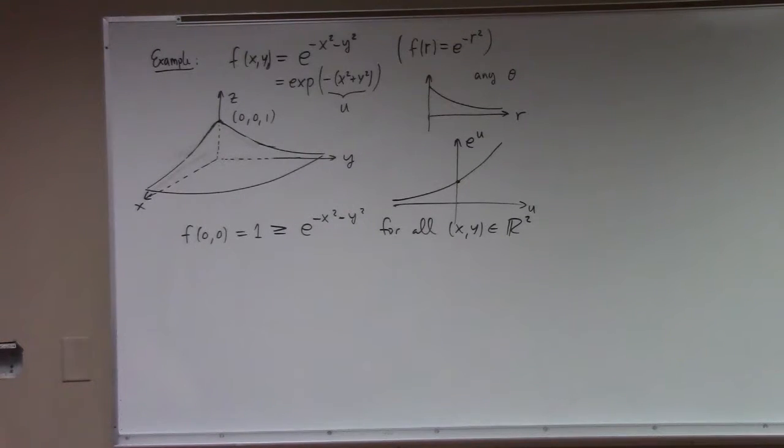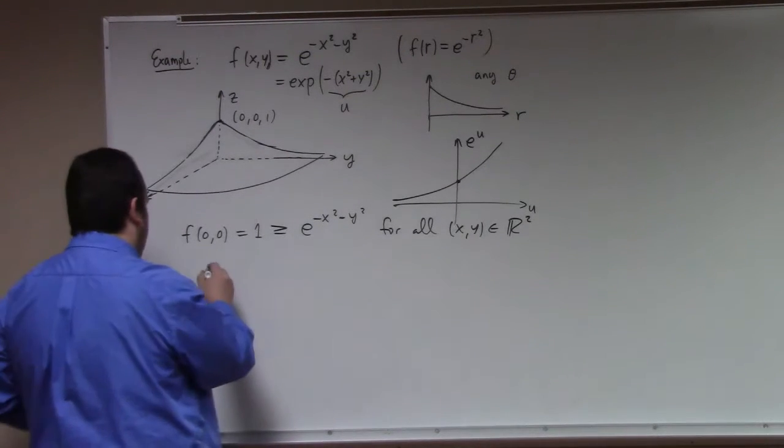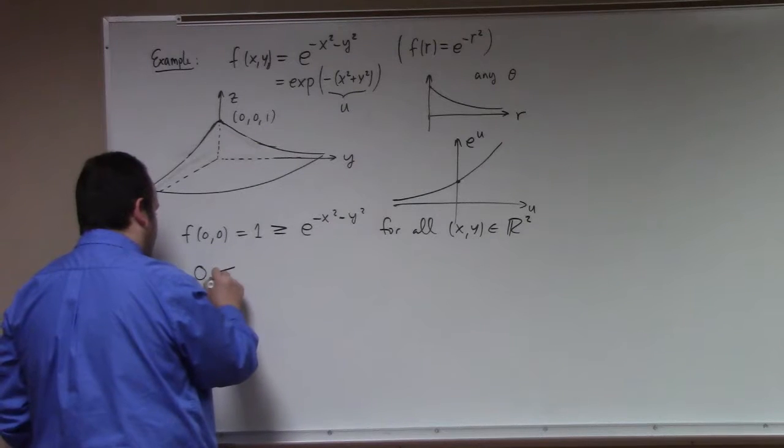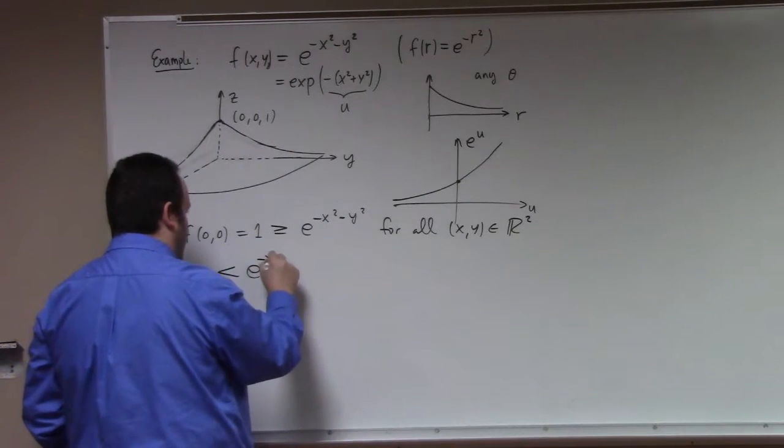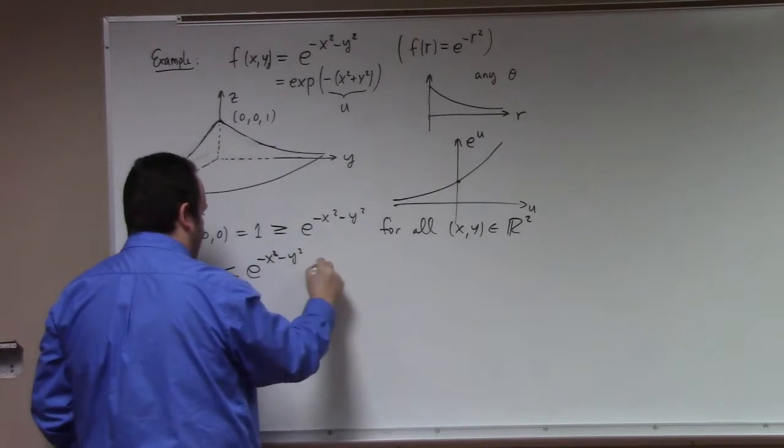What's its global minimum? It doesn't have one. What would it like to be its global minimum? 0. Yeah, so 0 is a bound below. You really can't improve on this. 0 is strictly less than e to the minus x squared minus y squared, which is less than or equal to 1.